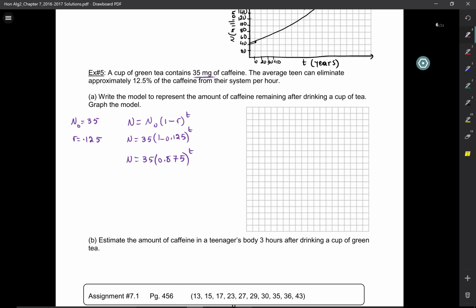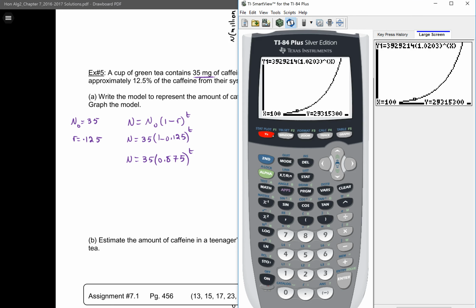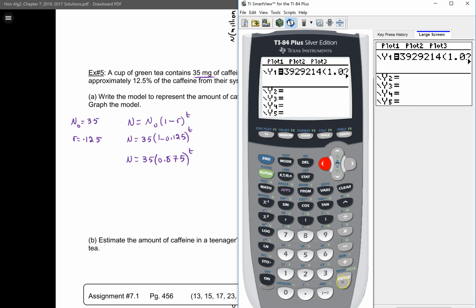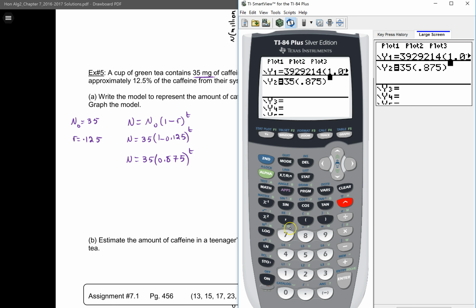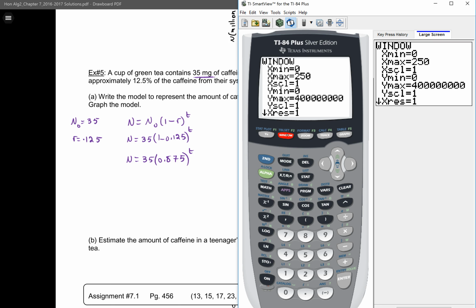All right, so let's graph this one. And I'm going to keep that first equation in there. I'm just going to go on the equal sign and unhighlight it. And here I'm going to put in my second equation. So 35 times 0.875 to the power of t, or x. Now, my windows for this. X is the time.